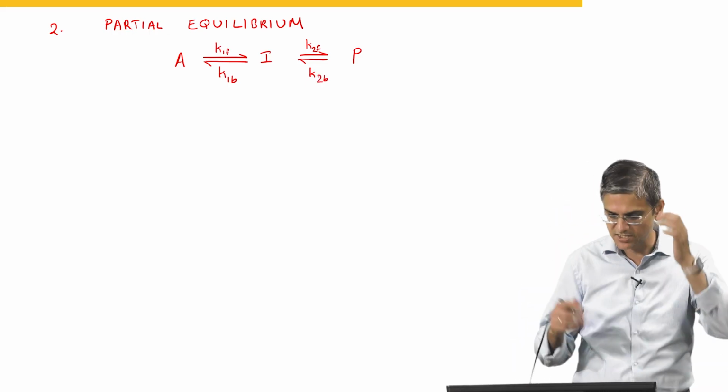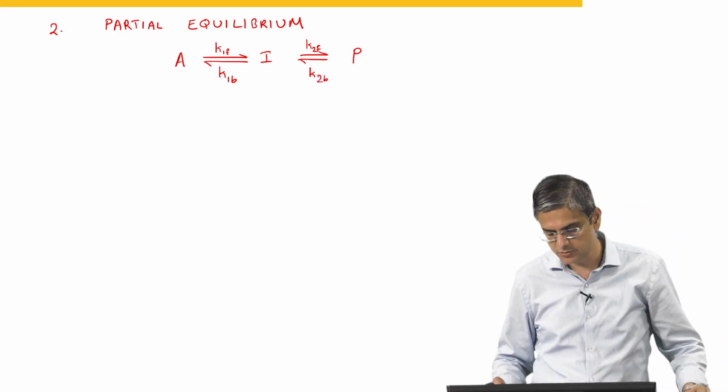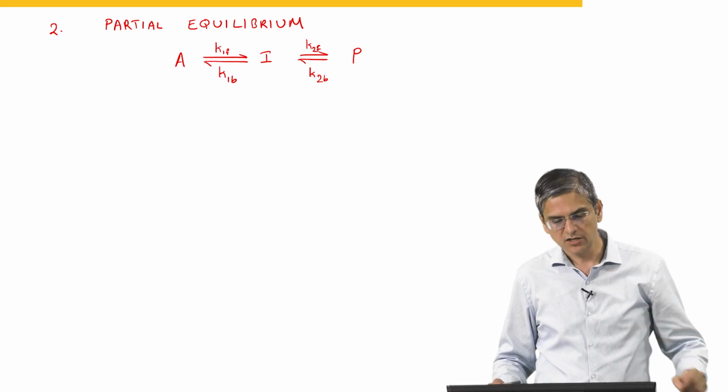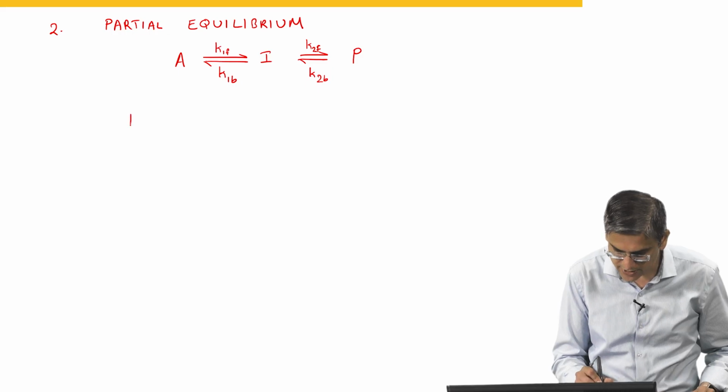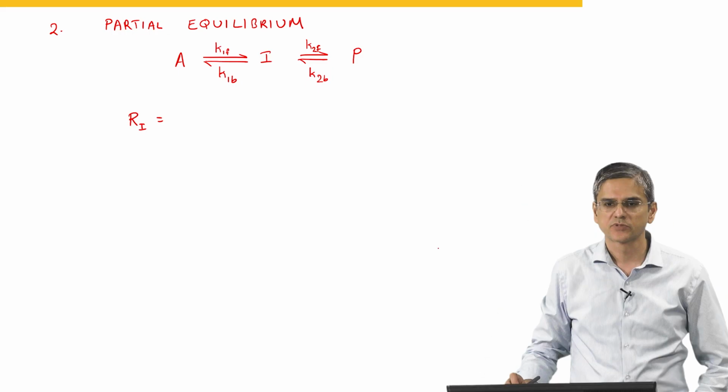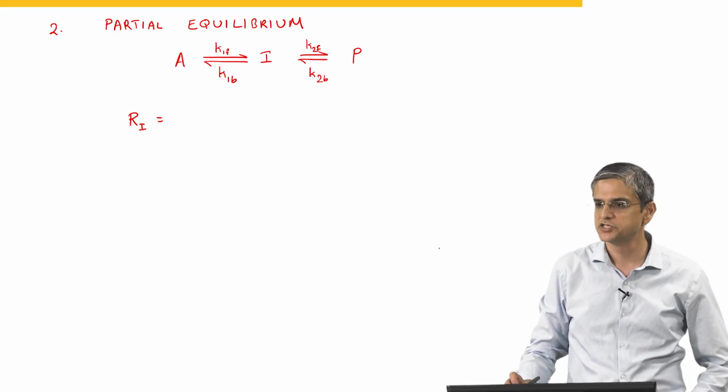Maybe last year I had used K1 and K minus 1, I do not know. So, write down what is going to be Ri. What is Ri for this? Of course, when you are working this out, please feel free to talk to each other.